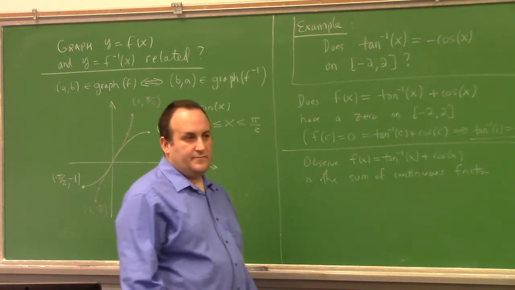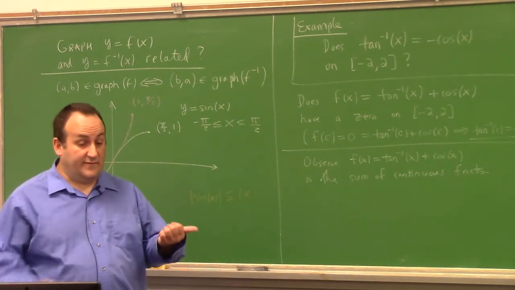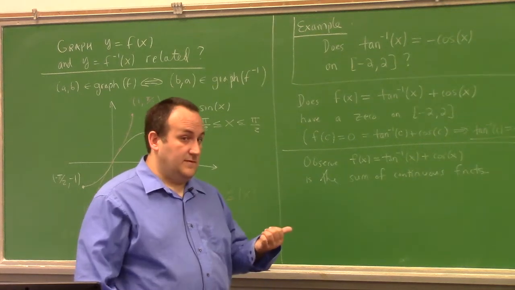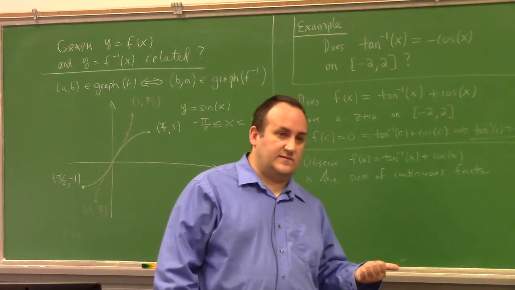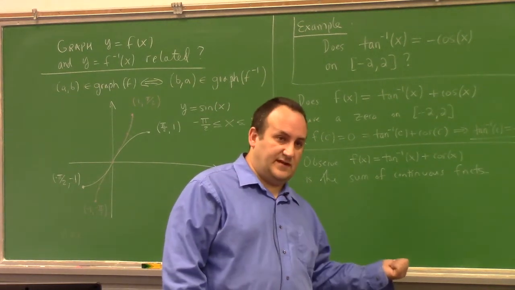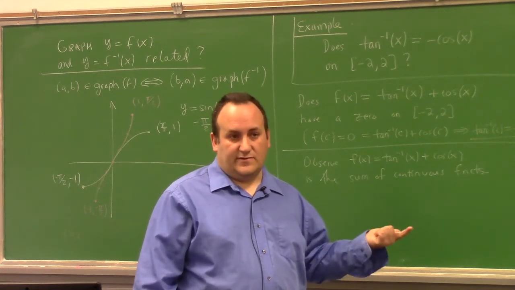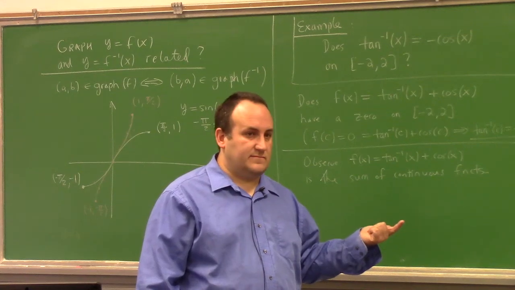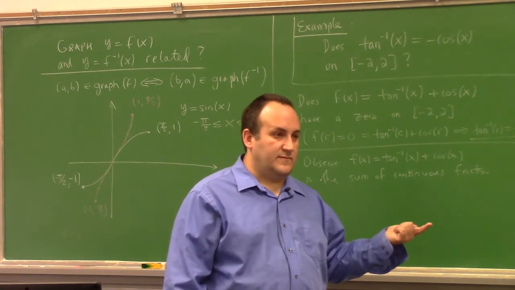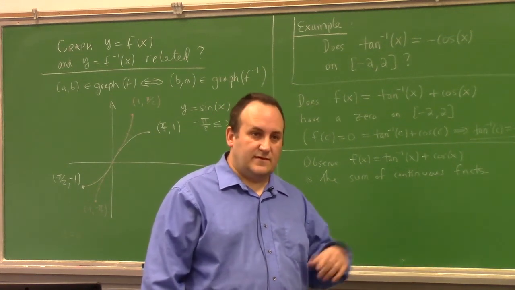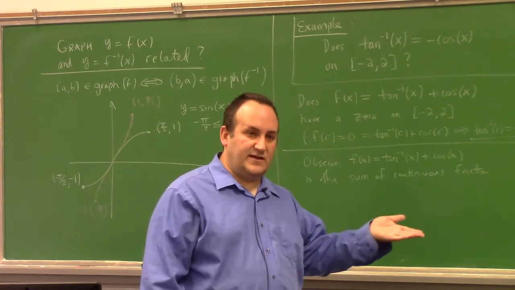Because now we have the inverse function theorem that says, since tangent is continuous, the inverse function to tangent is also continuous. And cosine is continuous. We went through the details of that before. So we have a continuous function, so we can apply the intermediate value theorem.